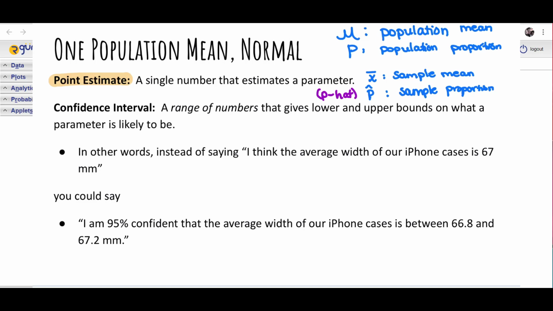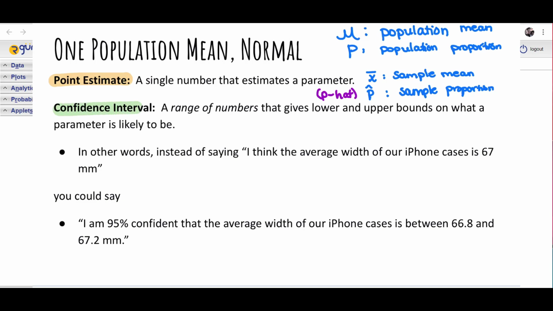So a sample mean would estimate a population mean, and a sample proportion could be used to estimate a population proportion. And again, okay, it's a good start, but it's not good enough. So instead, we want to use that to estimate the parameter with a range of numbers called a confidence interval.